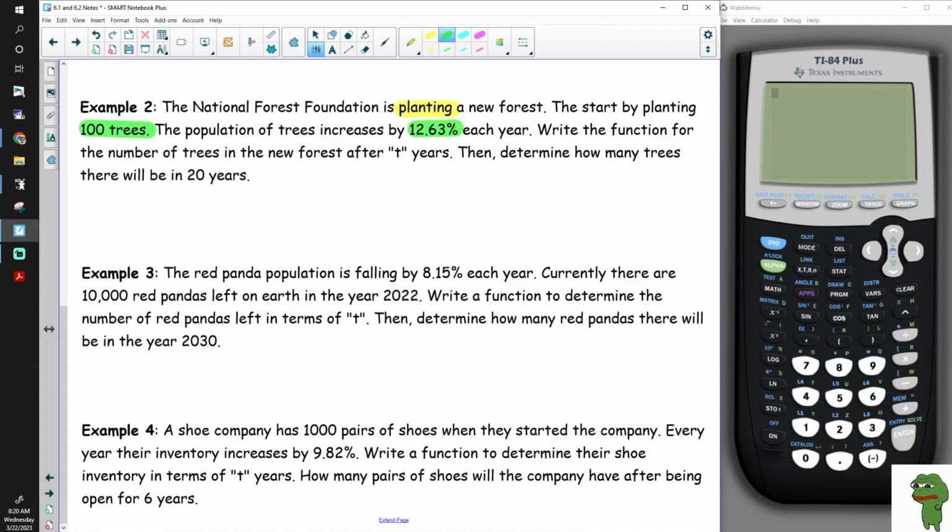And lastly, we're trying to figure out how many trees there will be in 20 years. Okay, so those are the 3 things we need. Okay, so we said this is growth. So y equals A times 1 plus R to the power of t. Okay, we are using the growth formula.